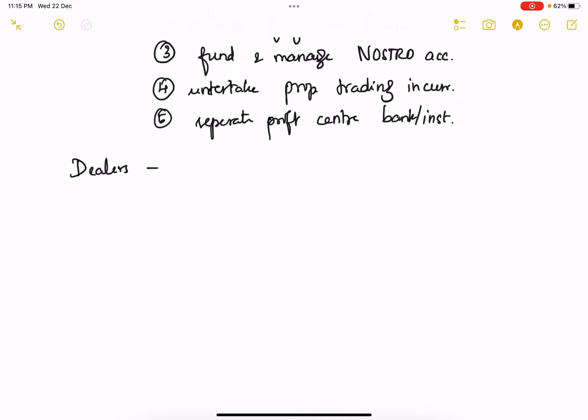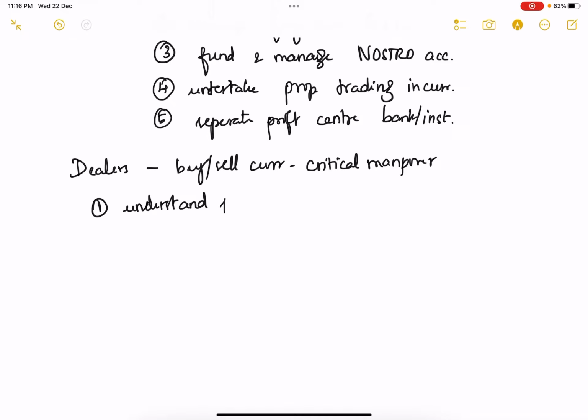These dealers are involved in buying or selling of currencies, and they act as critical manpower because they have to understand the job of dealing with buying or selling foreign currencies. They have a risk-taking capacity. Only then can they deal with foreign exchange currencies.